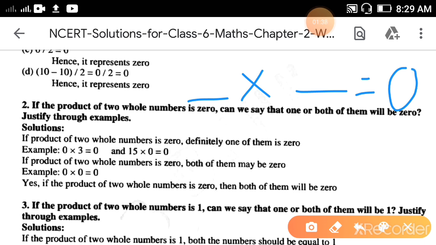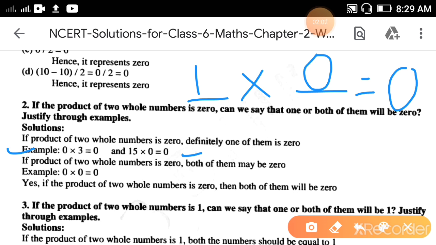So here we have to justify that one or both will be 0. If 1 is here, and the answer is 0, then definitely you have to multiply with 0. Then 1 into 0 is equal to 0. Same example, here it is given 0 into 3 is equal to 0, 15 into 0 is equal to 0.